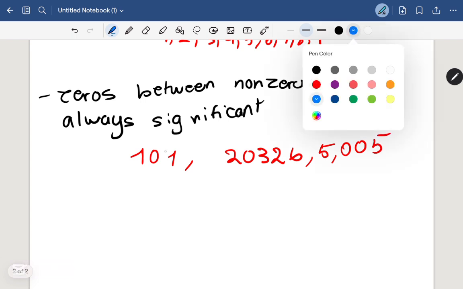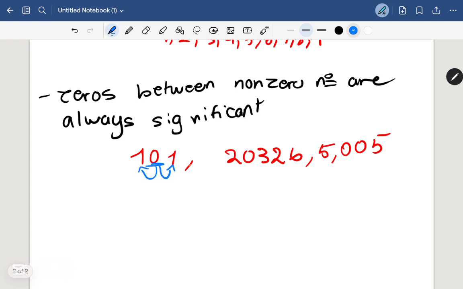As you can see, the zeros are in between non-zero numbers. So when they are in between non-zero numbers, they are classified as significant figures. Very, very important. So zeros between non-zero numbers are always significant.